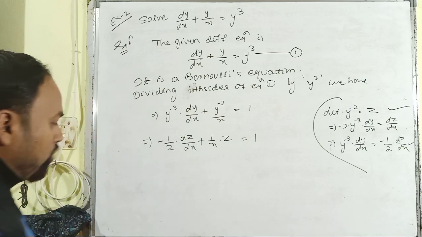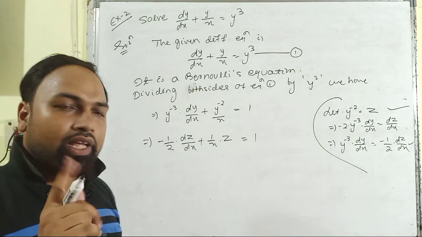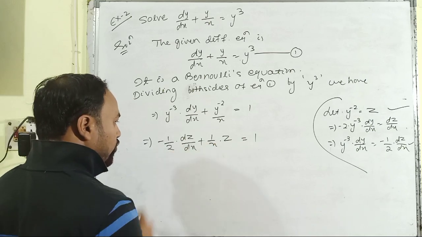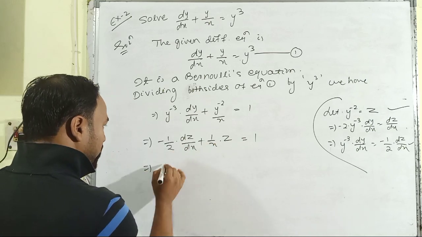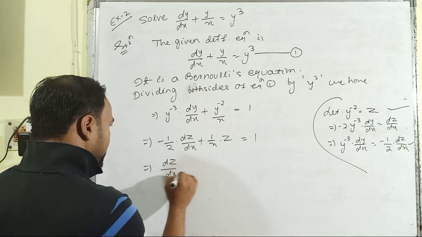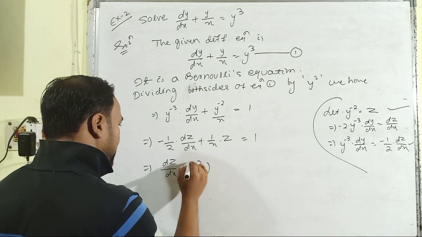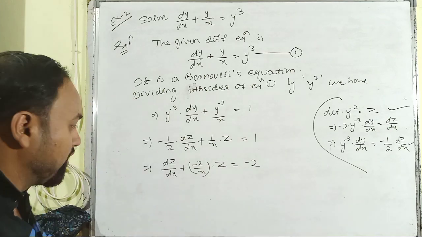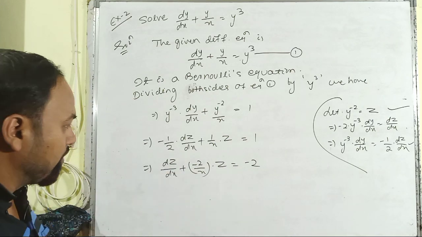Then we have to convert it into the form of the linear differential equation, just multiplying by -2 on both sides of the above equation. So it will be dz/dx + (-2/x) z = -2.